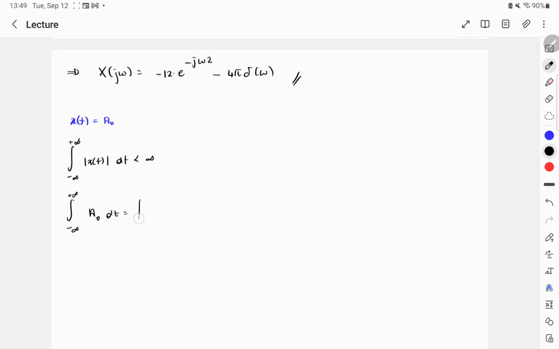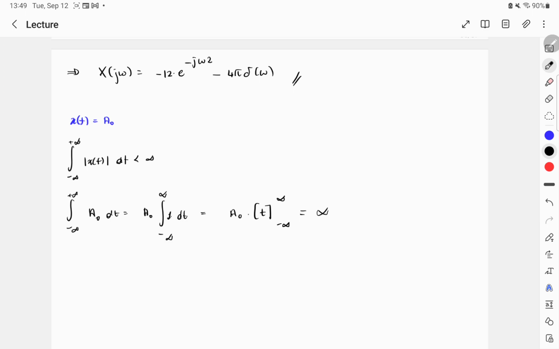The integral of a0 dt equals, we can put a0 out of the integral as it's a constant. And now we have a hidden 1 here, so we just have t coming out. And this value is basically infinity.